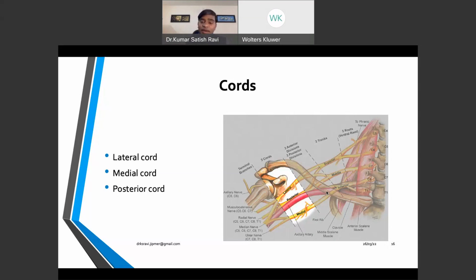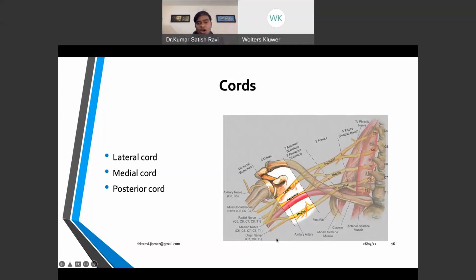The first part extends from the outer border of the first rib to the upper margin of the pectoralis minor, whereas the second part extends from the upper margin of this pectoralis minor to the lower margin of this pectoralis minor, whereas the third part extends from the lower margin of this pectoralis minor to the lower border of teres major.